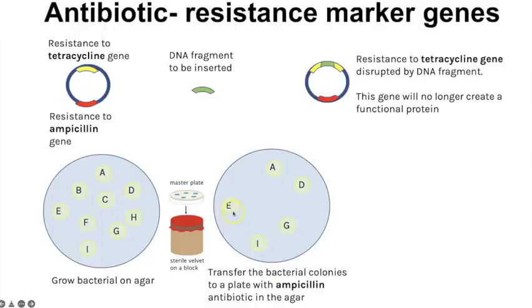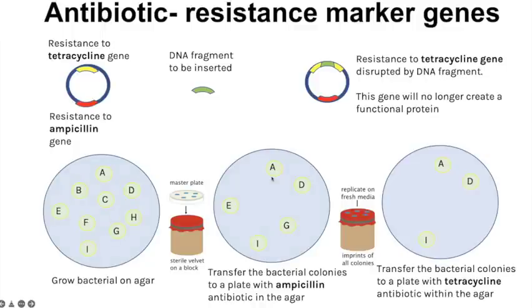And what we can see is which colonies now are killed off because they are not resistant to ampicillin. We then do the same thing again. Now we transfer those colonies onto a second plate which contains the antibiotic tetracycline within the agar. And we can see we now only have 3 colonies left.